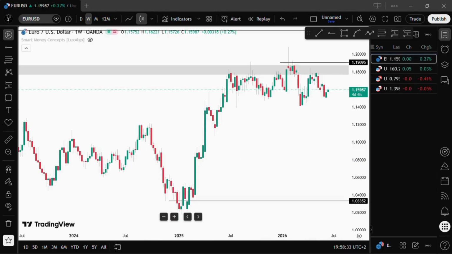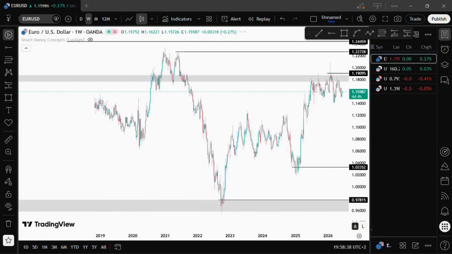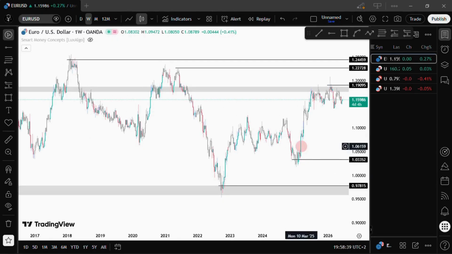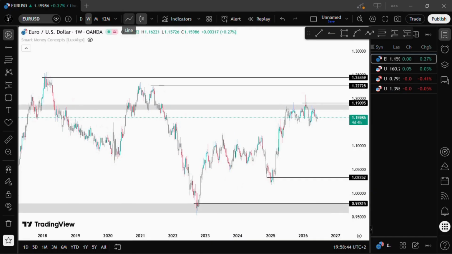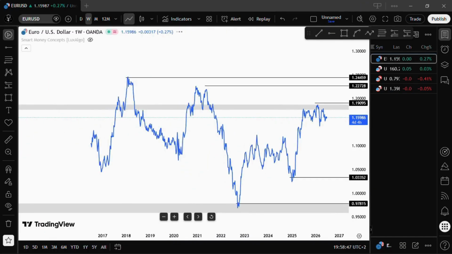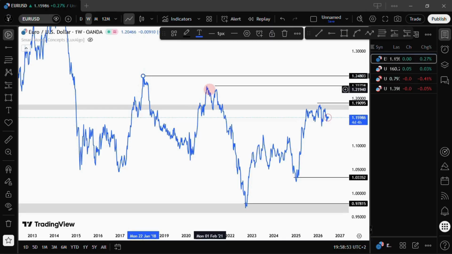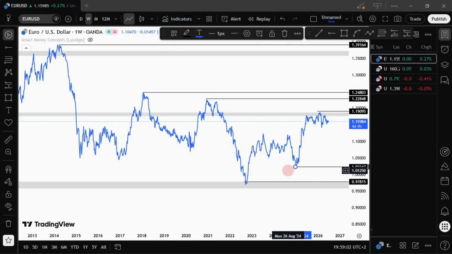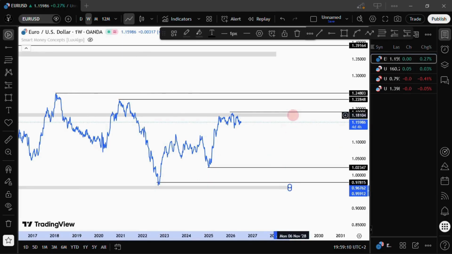So after marking our support and resistance areas, we move towards the 1 week time frame. If you want to see the market clearly, you can move to line charts. You can zoom out and adjust our levels again.